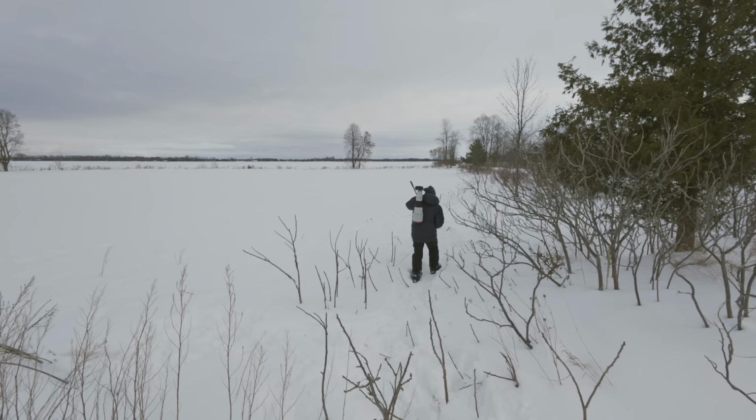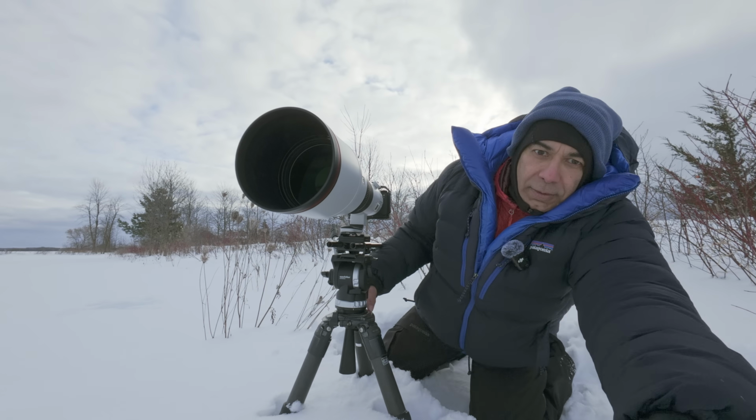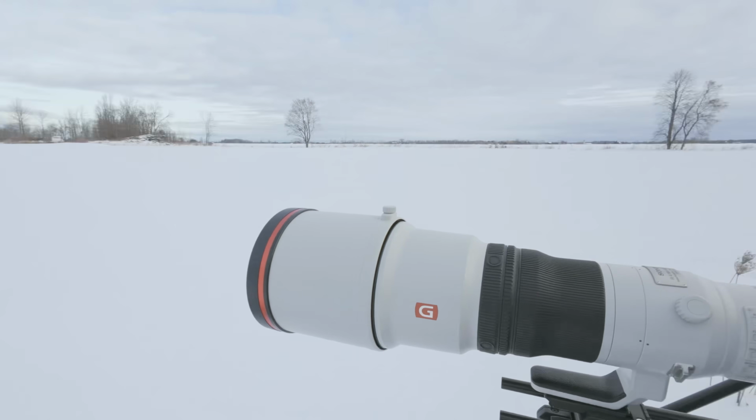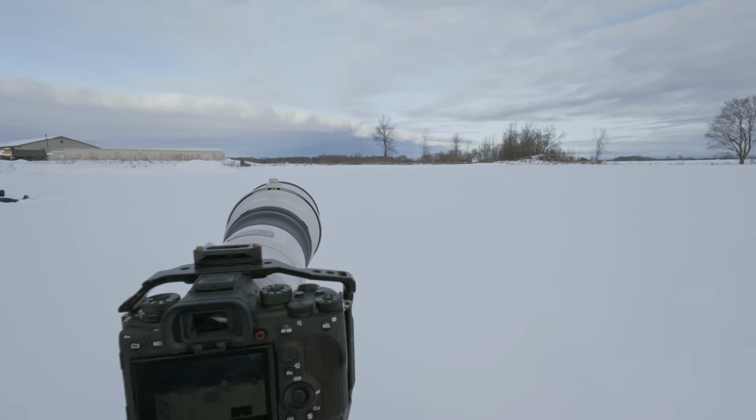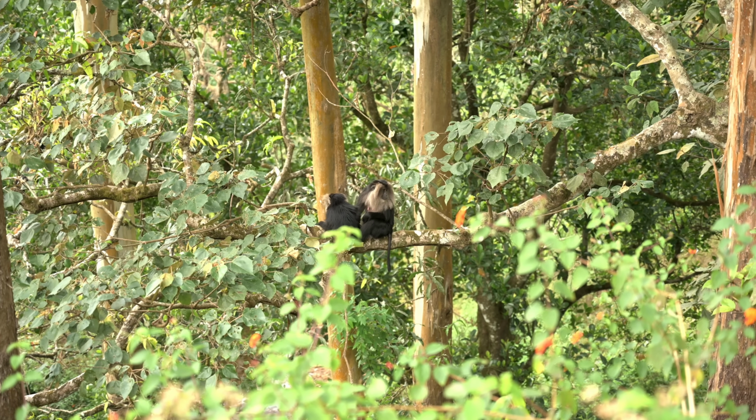You really don't. So why don't we go out and figure out what the camera thinks is mid-gray, and after that I'm going to explain to you how you can place that on a grayscale chart, memorize it, think about it, and you don't have to worry ever again about exposure. I promise you.